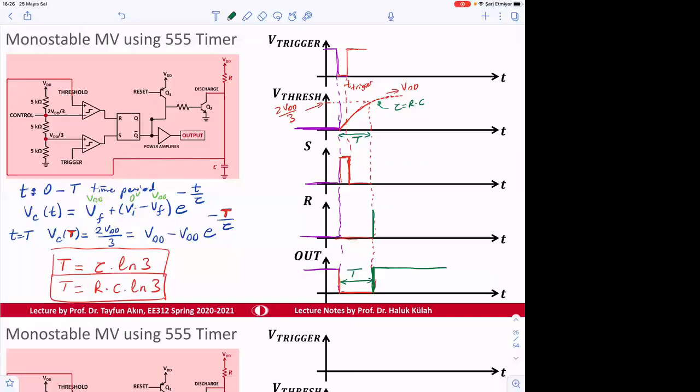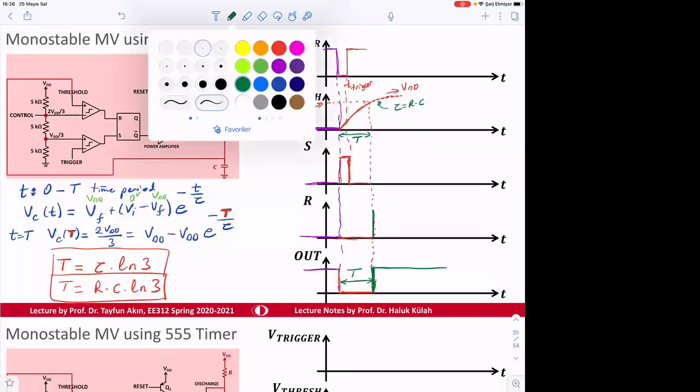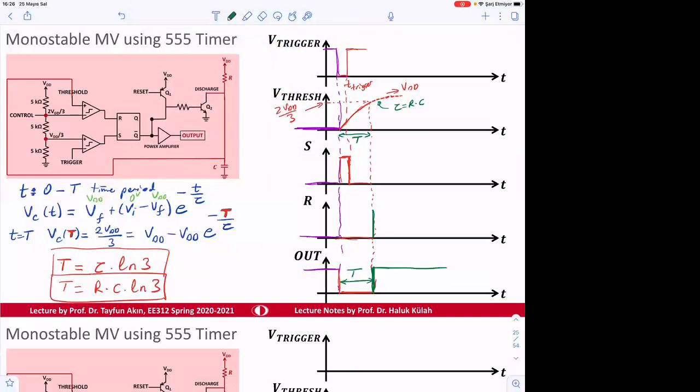And if you are really interested, you can also find the value of this charging. It's almost not linear, but you can also find maybe another period here, the X value. How do you find that?